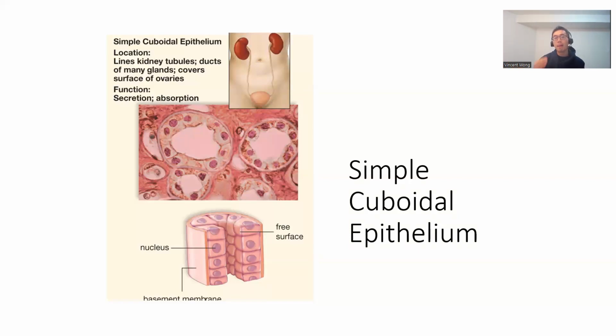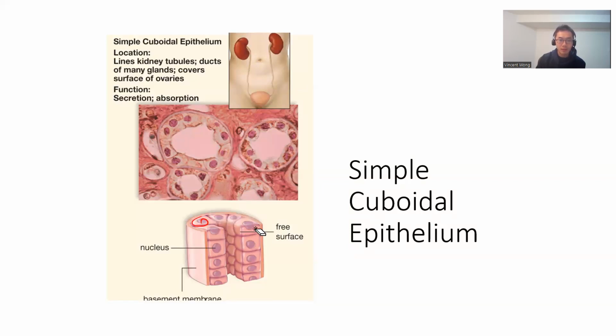If you think about the mammary gland that produces milk, and then there are ducts that carry it to the surface of the body as well, and the sides of the ducts, they are made of the simple cuboidal epithelium. Right? So that's cuboidal.